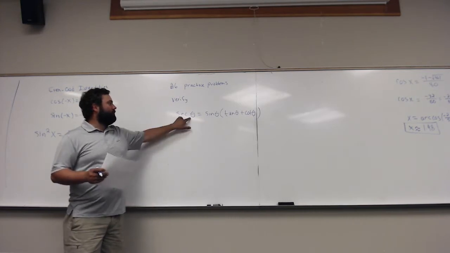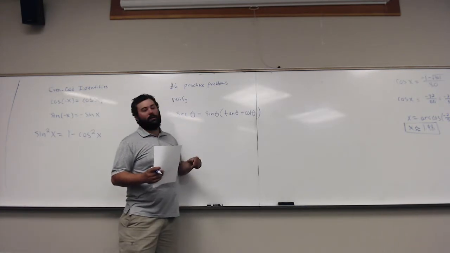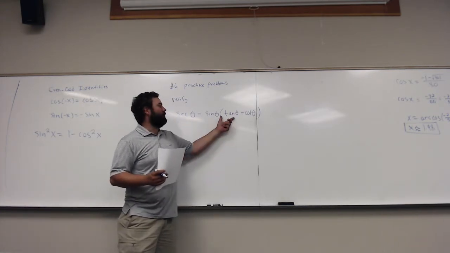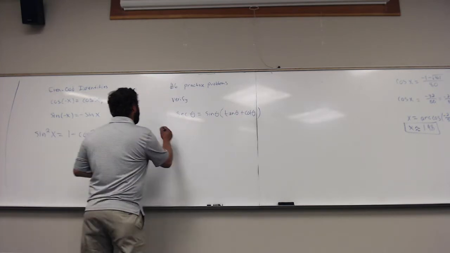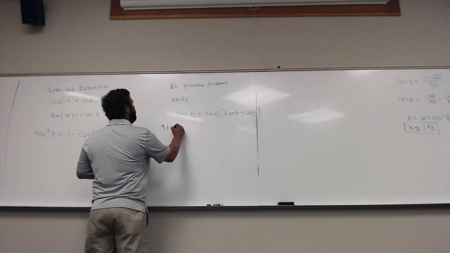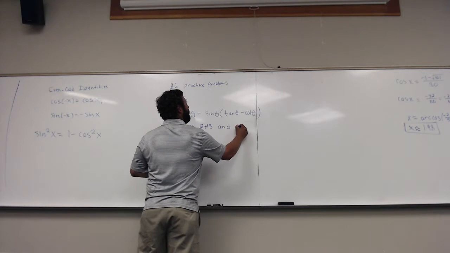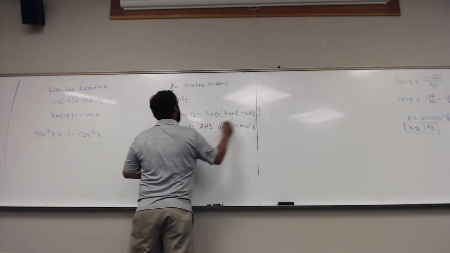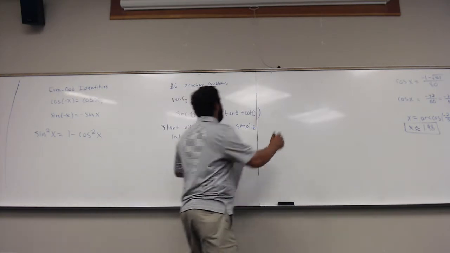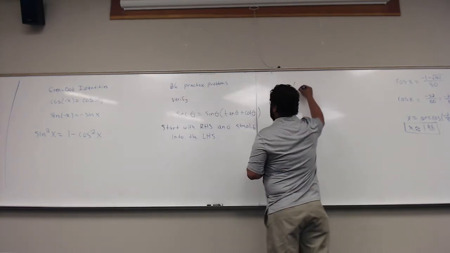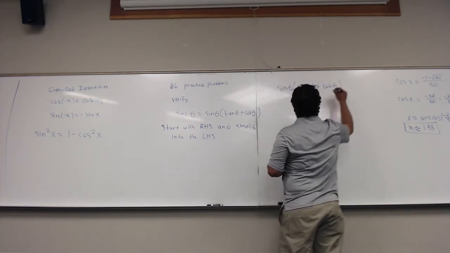And if I start with the left-hand side, I'd have to be pretty clever to introduce a bunch of terms to get to the right. So I think it's a lot easier here to start with the right-hand side and simplify into the left-hand side. Okay, so I'll start with the sine theta, tangent theta plus cotangent theta.